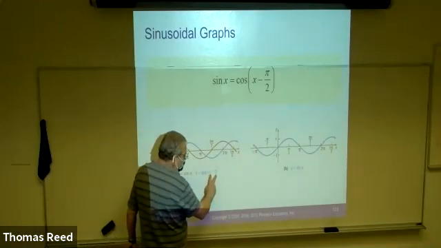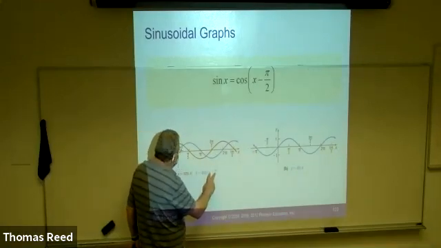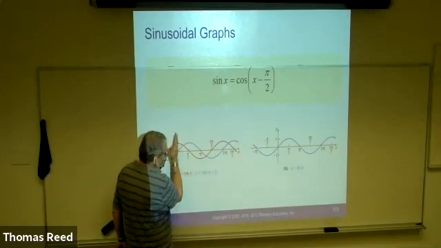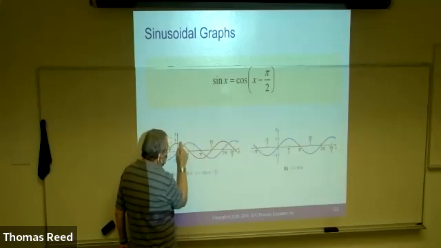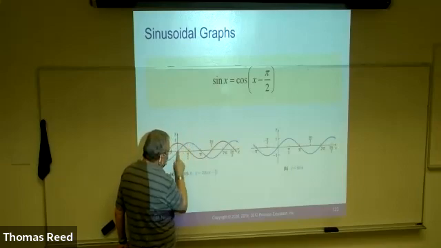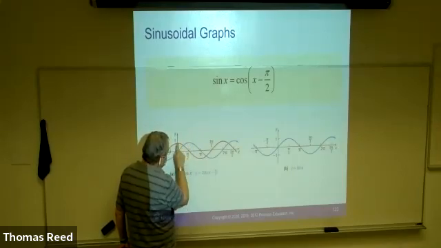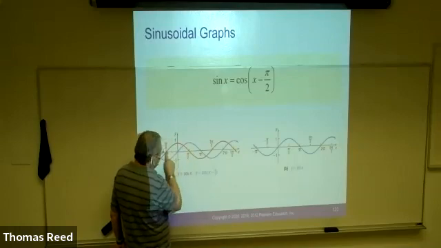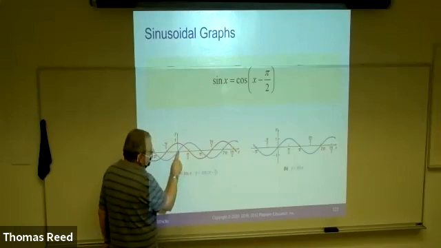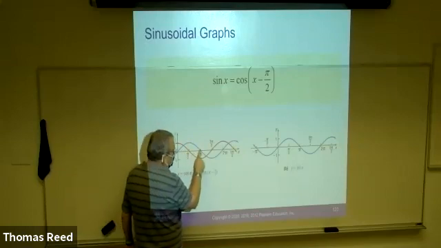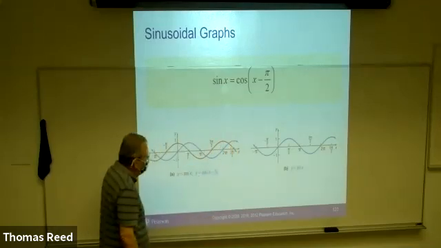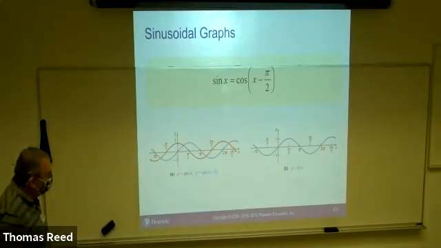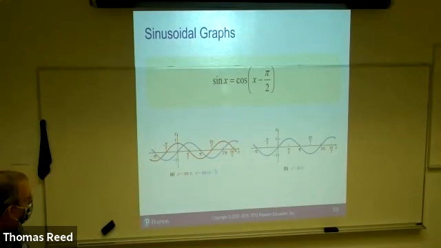So I'm shifting this graph 1/2 pi to the right. So this point got moved over to here, this point got moved there, this point got moved there. This one got moved there. And this one got moved there. So the red was a cosine, the blue is a sine.